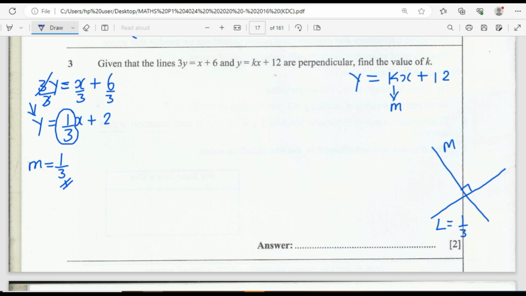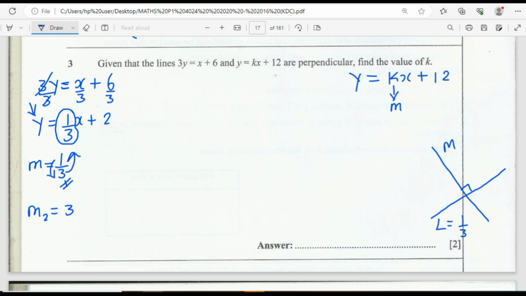Now, how can we convert this gradient to make it the gradient for M with the relationship of perpendicular? If the first gradient is a fraction, what you just have to do is reciprocate the numbers. What we did from the previous, the 3 will go on top, then the 1 will go on the bottom part.